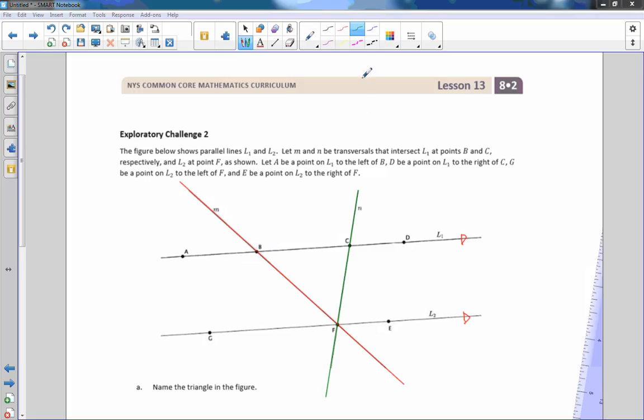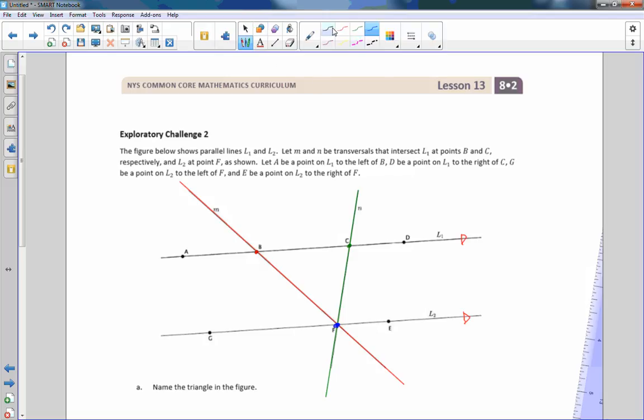So M intersects L1 at B, and N intersects L1 at point C. And M and N intersect L2 at the same location, F. Okay, so they're intersecting right here.